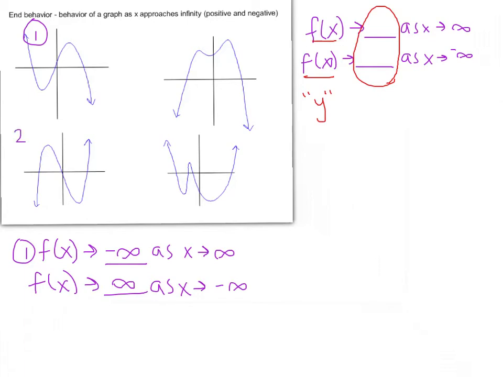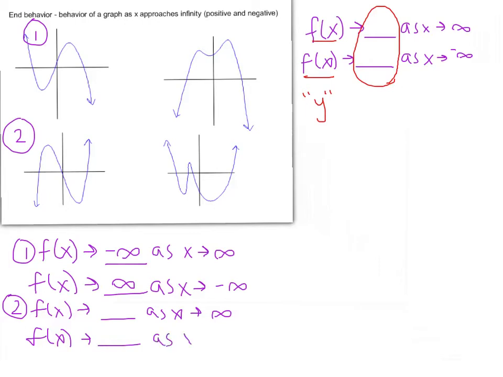So let's look at this second example right beneath it. We're going to outline the same exact thing. So f of x approaches something as x approaches infinity, and f of x approaches something as x approaches negative infinity. And we're going to do it the same way. So here for the second graph, as x approaches infinity, that's the positive side.